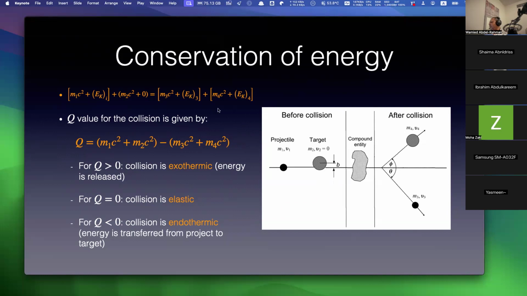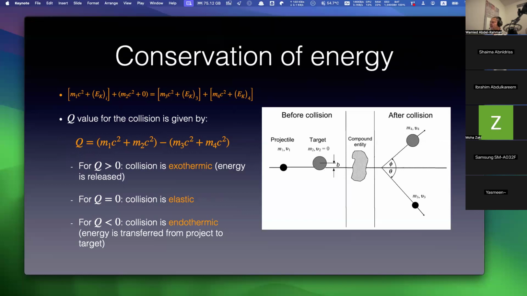Now we look at the energy of the system after the interaction. It's just going to be the sum of the rest masses of particles 3 and 4 plus the kinetic energies of particles 3 and 4. And this does not necessarily apply to only two product particles. You can have 3 or 4 particles, it doesn't matter.